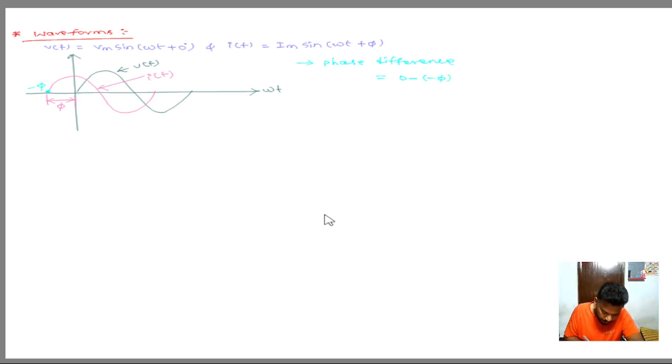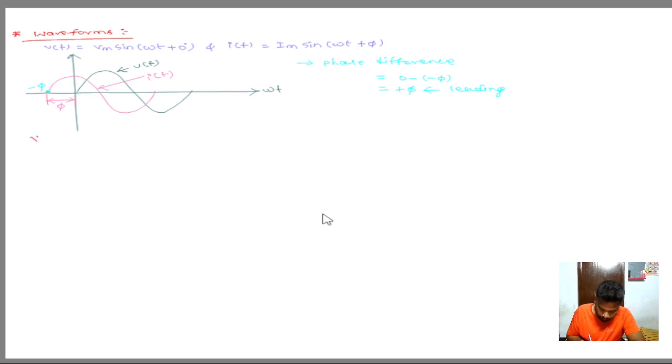This point is minus 5, which gives 5. Plus 5 means it is leading phase angle. Is this clear? Yeah. Next, we are going to find instantaneous power.